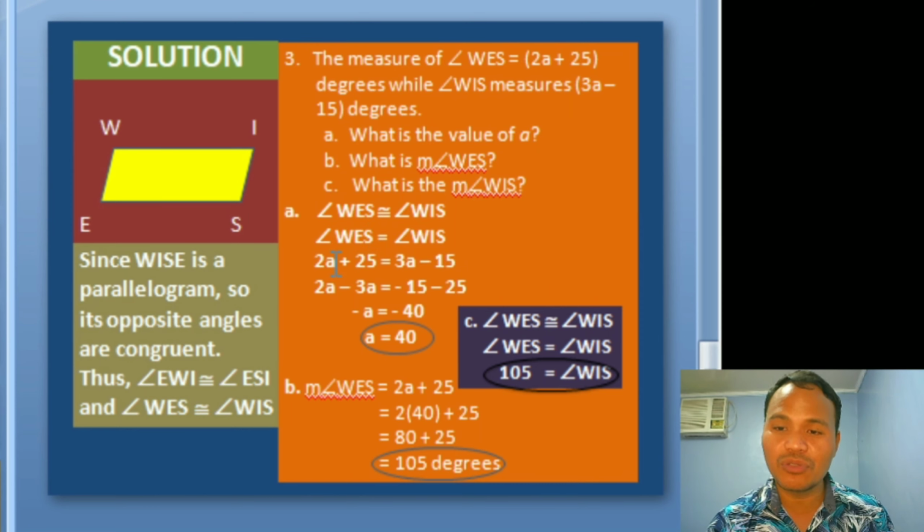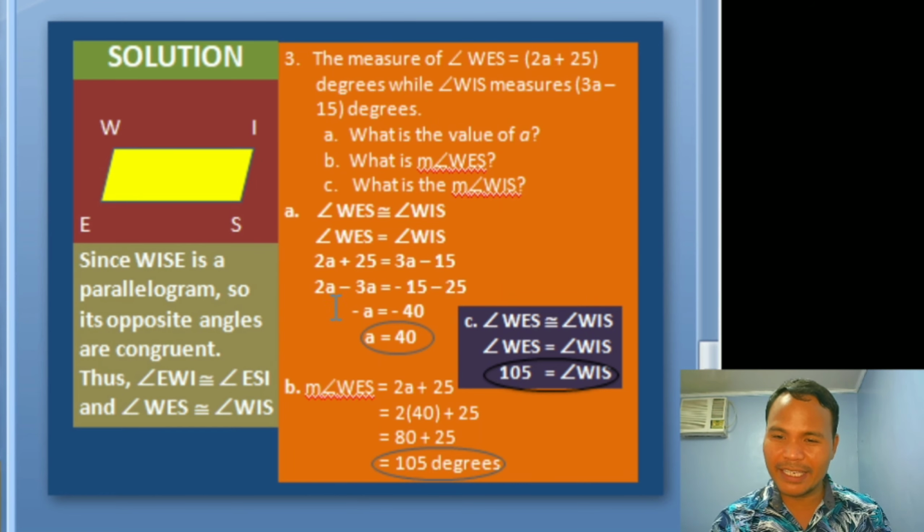Then by substitution, from the given that angle WES is equal to 2A plus 25 and angle WIS is 3A minus 15, we combine like terms by transposing. Here we transpose 3A to the left side of the equal sign, and it becomes negative 3A. Also, positive 25 is transposed to the right side of the equal sign, and it becomes negative 25.